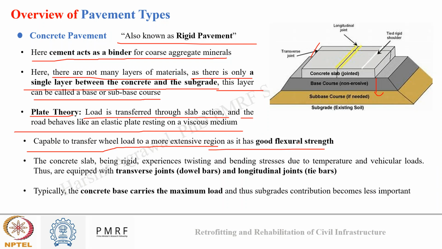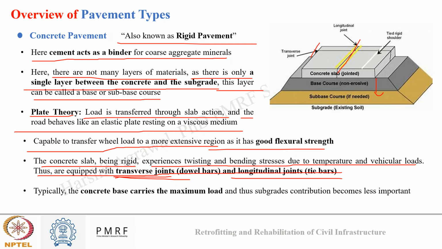good flexural property. The rigid concrete slab experiences twisting and bending action due to temperature and vehicular load, so since concrete is a rigid material, we provide transverse joints and longitudinal joints to resist cracking.